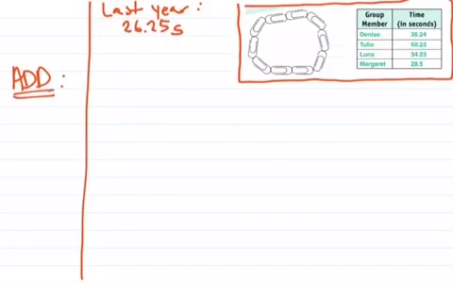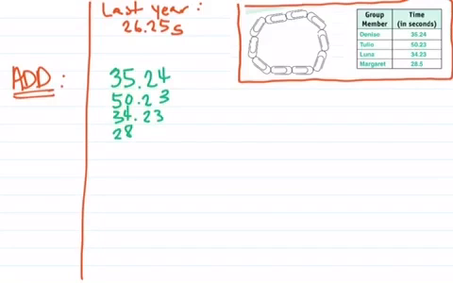To the actual numbers, what we need to do is write them down and line up our decimals for adding. I know this is review, but I'm adding this to our notes so we'll be able to use it as a reference. We've got 35 and 24 hundredths, 50 and 23 hundredths, 34 and 23 hundredths, and 28 and 5 tenths.